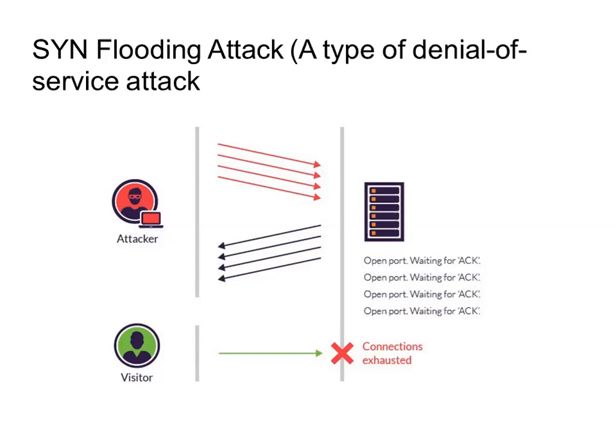So the server is capable of providing services, but because of the malicious node, the attacker node, the server is not in a position to provide services to the actual authentic user. So this is called the SYN Flooding Attack. There are various solutions that have been given to deal with this.